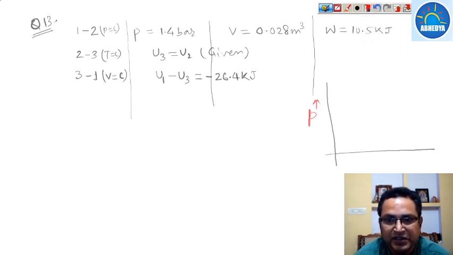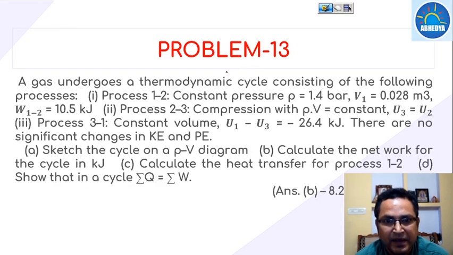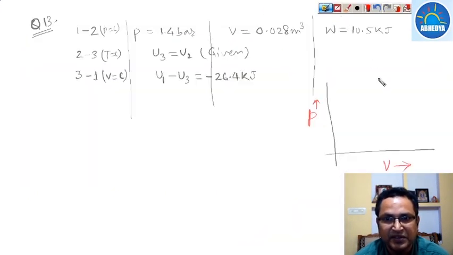This is pressure, this is volume. Process 1 to 2 is a constant pressure process. 2 to 3 is compression, and 3 to 1 is isochoric. Here temperature is equal to constant, so this is an isothermal process.